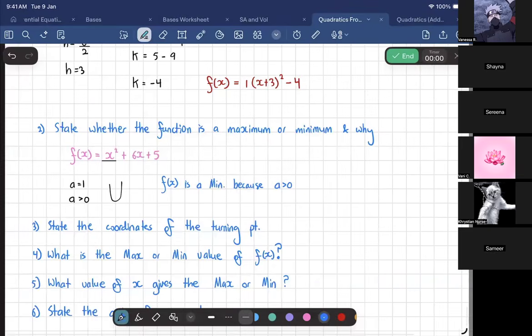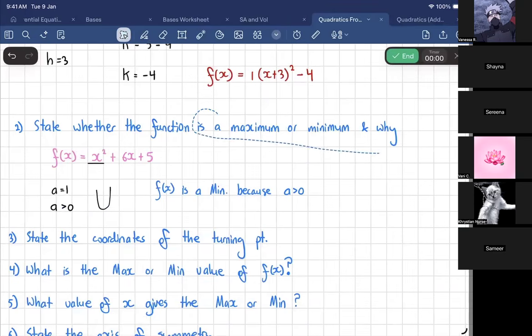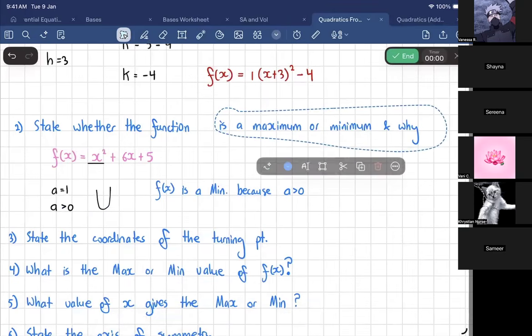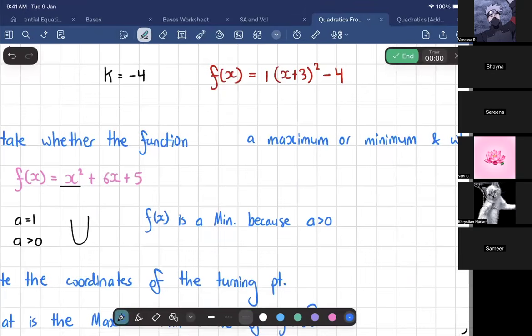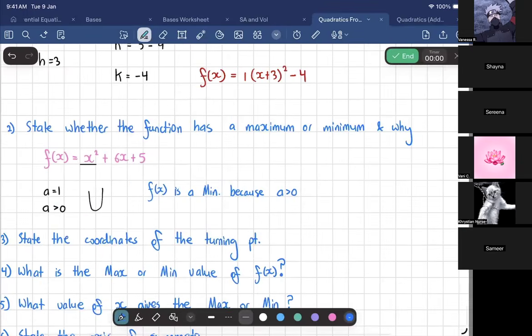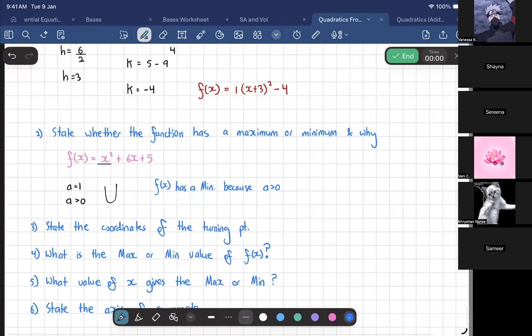The proper thing to say here: state whether the function has a maximum or minimum and why.